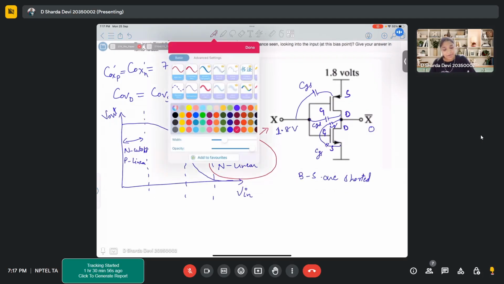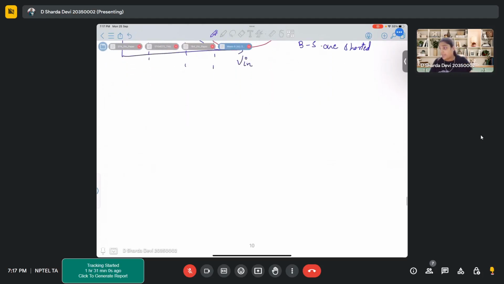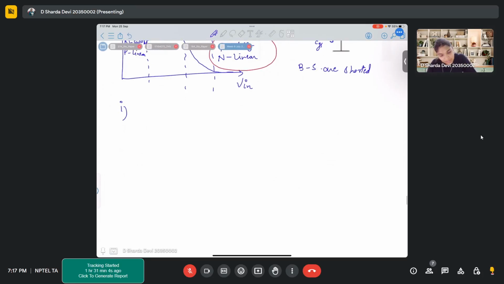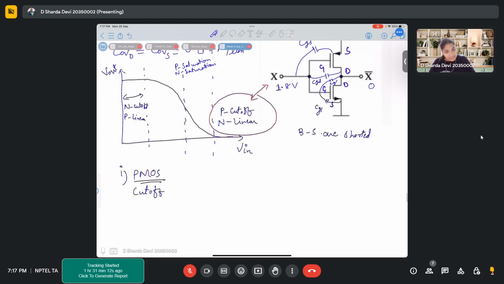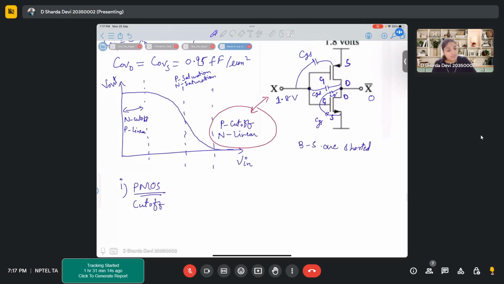So what will happen because of this behavior? First, for PMOS, since PMOS is cut off, there are two capacitors that come into picture because of PMOS, right?